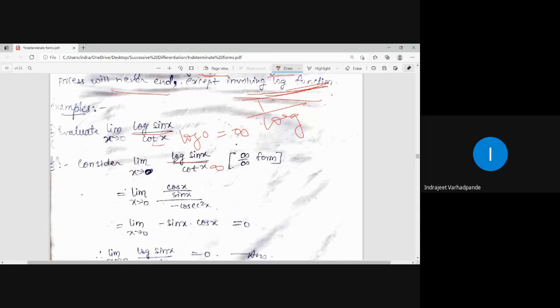Do not disturb the log at all, take the derivative of the denominator. After differentiating the log, your expression will easily come to 0/0. So whenever you come across the term of logarithm, the very first step is, rather than converting it into 1 upon any of the terms, may it be denominator or numerator, just differentiate, because derivative of log x is 1 upon the function.